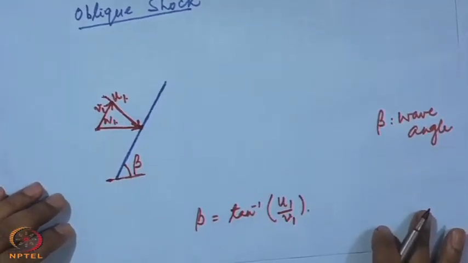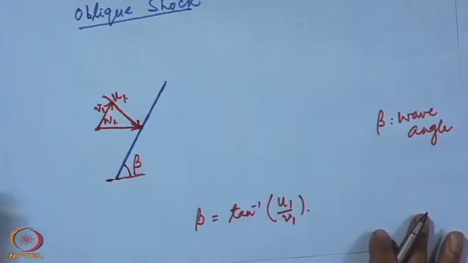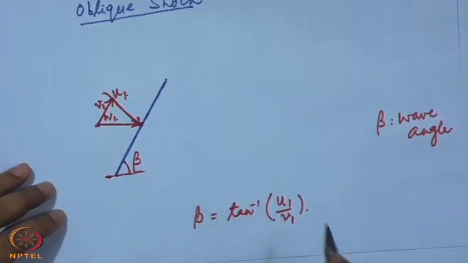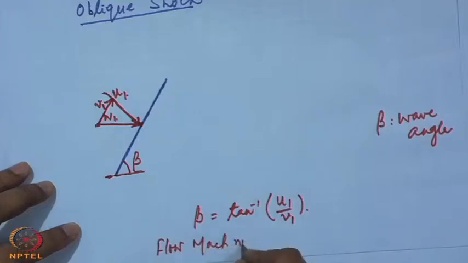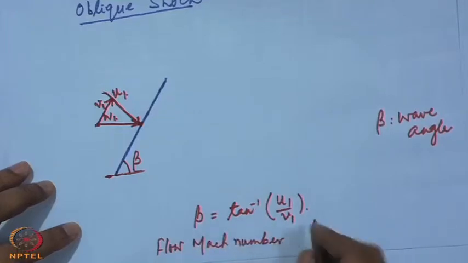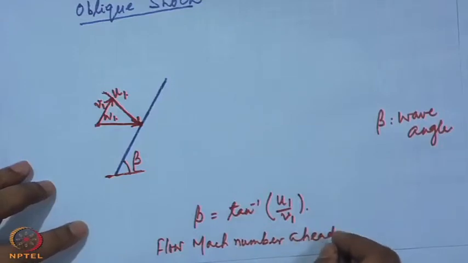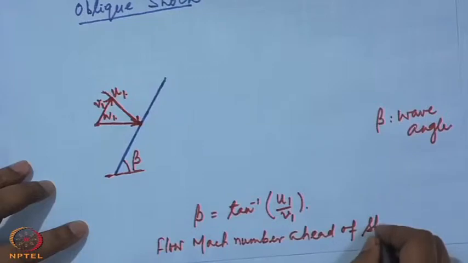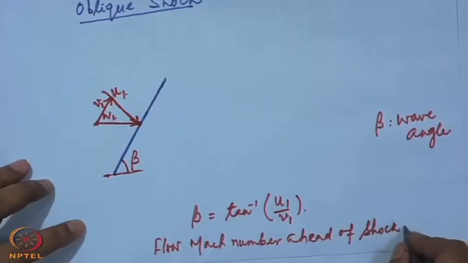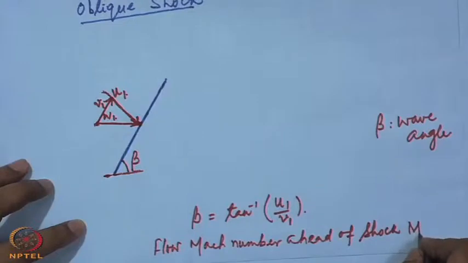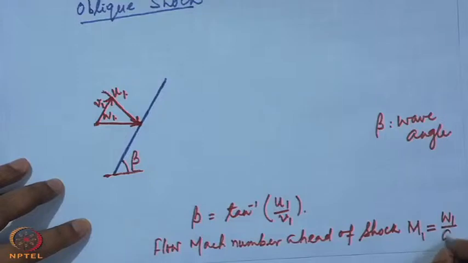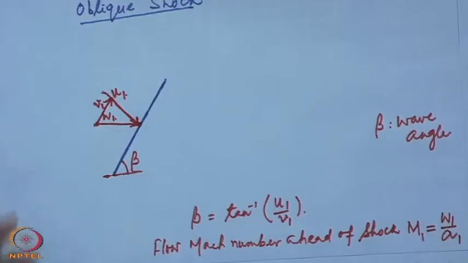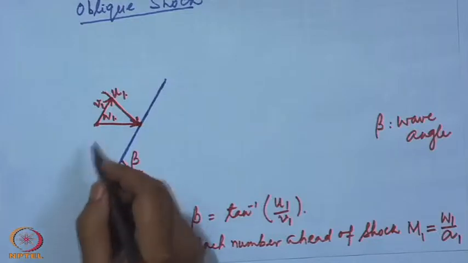The flow Mach number ahead of the shock is M1 equal to W1 by a1, where a1 is the speed of sound ahead of the shock.